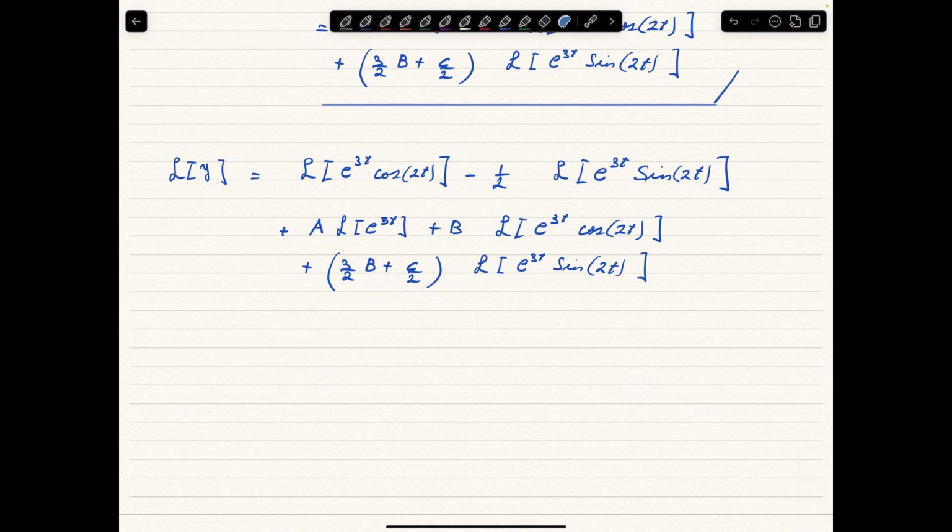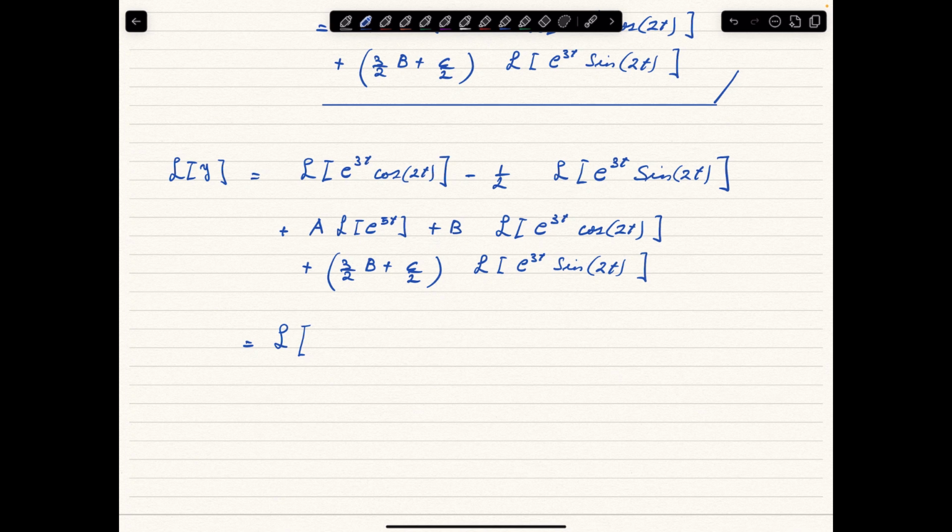So now we use linearity of the Laplace transform, because all these are constants. So this is just one big Laplace transform. It's one big Laplace transform of what?